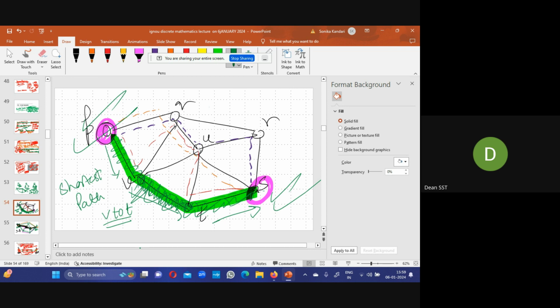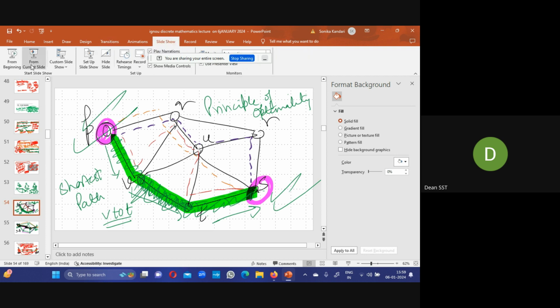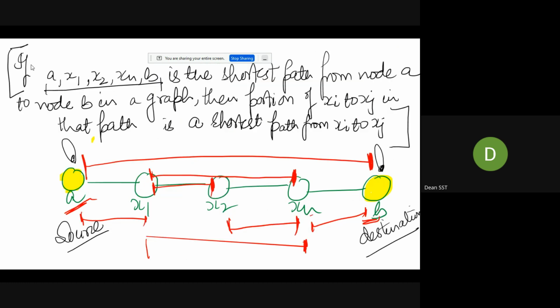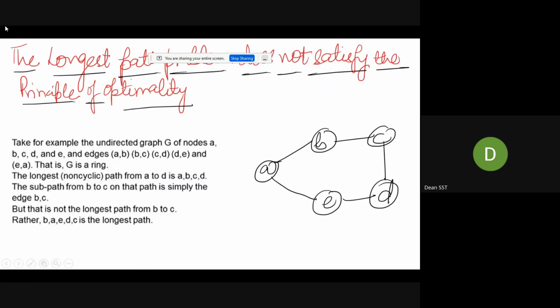So the principle of optimality works for shortest path problems. Is it clear? Okay. Now we have the longest path problem.